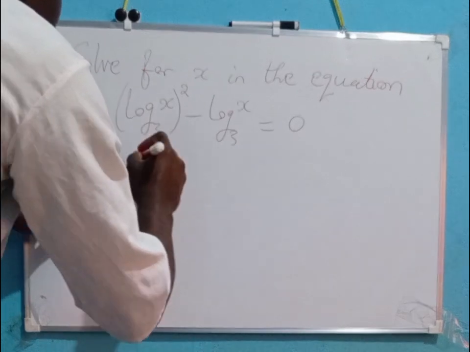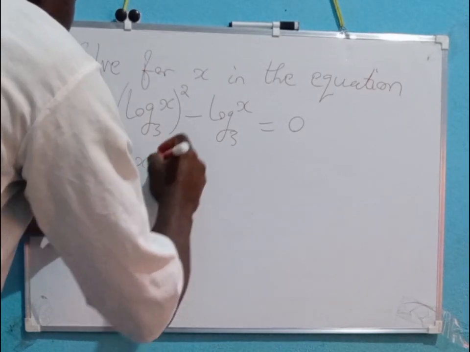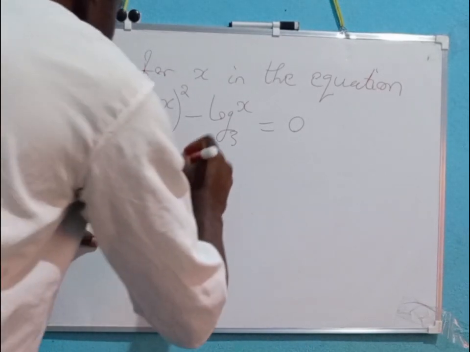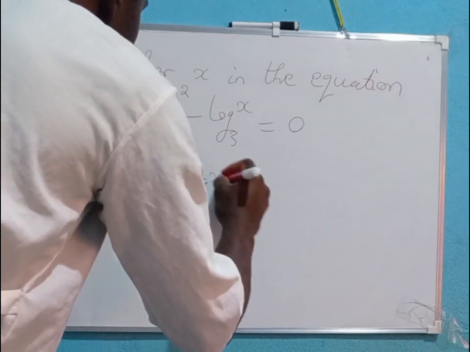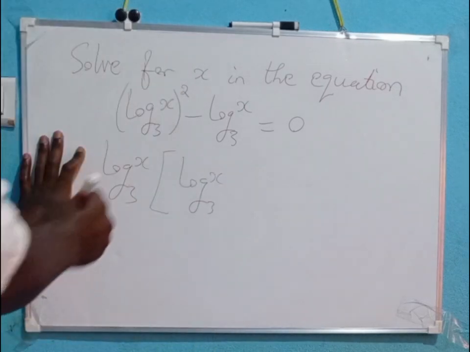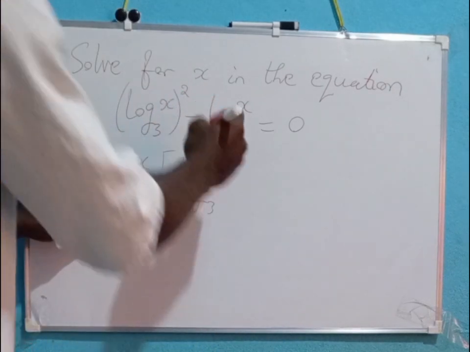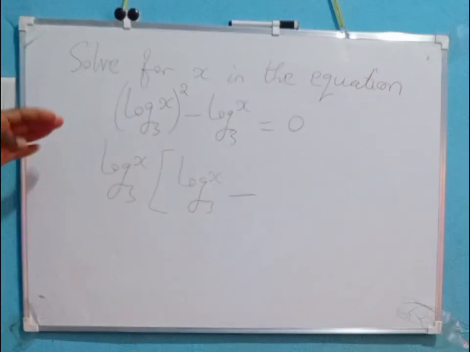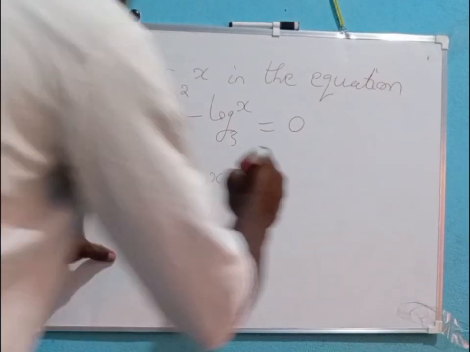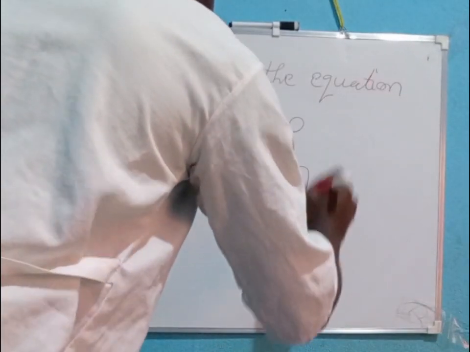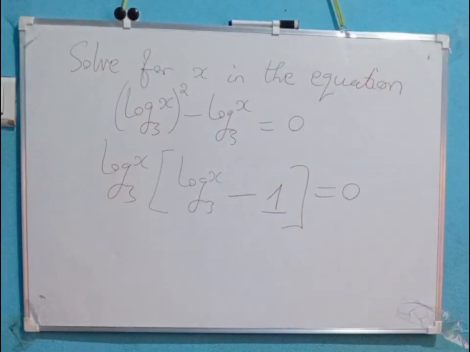Log x base 3 times log x base 3 gives us log x base 3 squared, minus log x base 3 times 1, it remains log x base 3, is equal to 0.